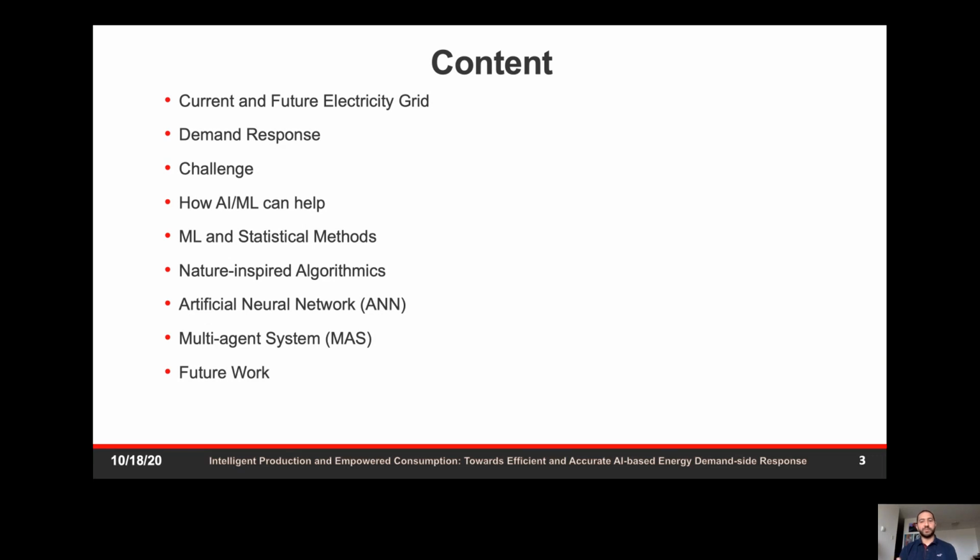I'll talk more about what demand response is, what the challenge is when it comes to demand response, and how AI and machine learning can help us with these challenges. After that, I'll go through the different AI machine learning approaches, and then I'll talk about the future work and where research is headed in this field.